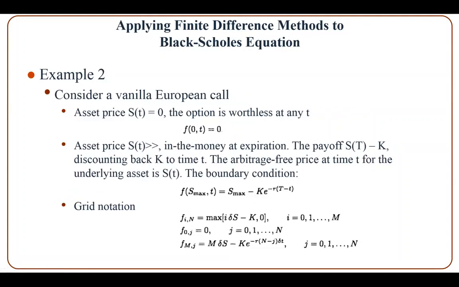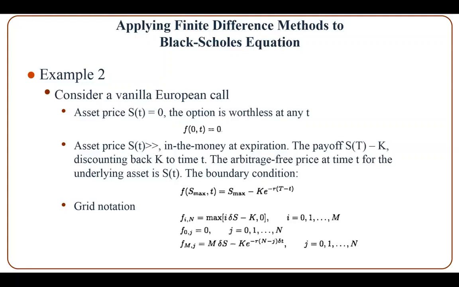In example number 2, we consider a vanilla European call. When the asset price is 0, at any time t, the option will expire worthless. When the asset price is very large, we can be sure it is in the money at expiration.